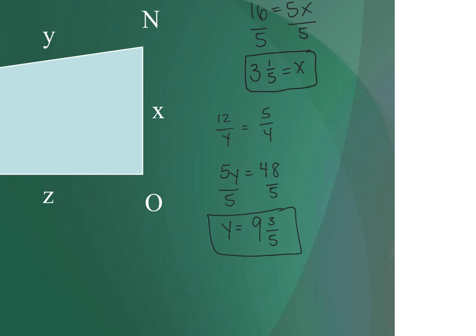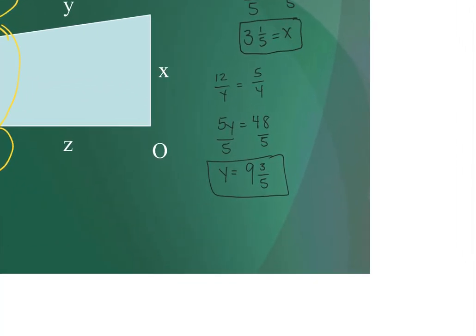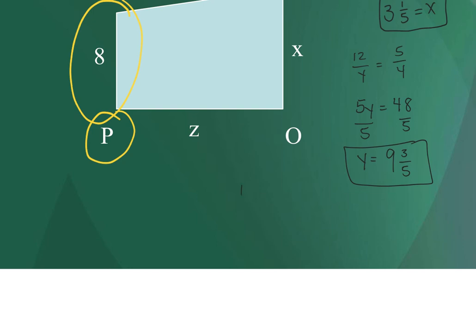Okay. All right, and let's do Z. Someone set it up. So in the homework, can you do that also? How would we find Z? BC and 14 over z equals 5 over 4.